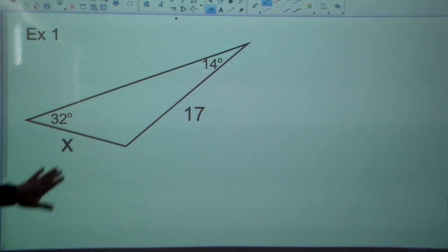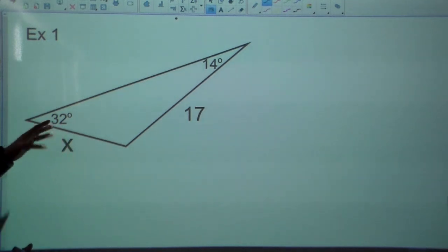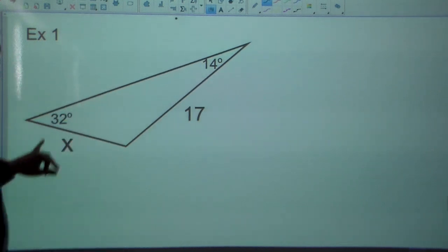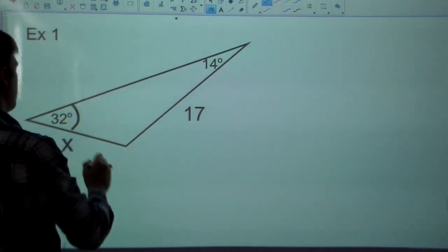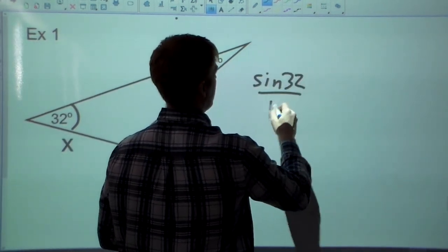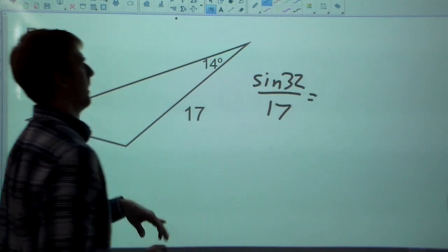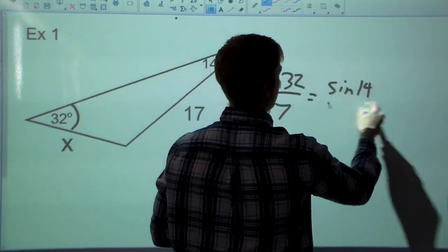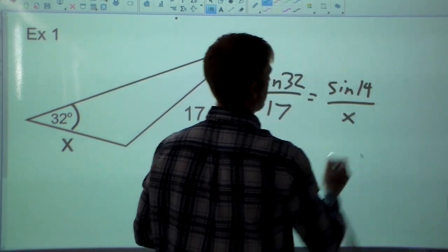So let's say I need to find this side right here, and I'm given these two angles in that side. Well, I've got 32 across from 17, so the sine of 32 divided by 17 will be the same ratio as the sine of 14 over x.